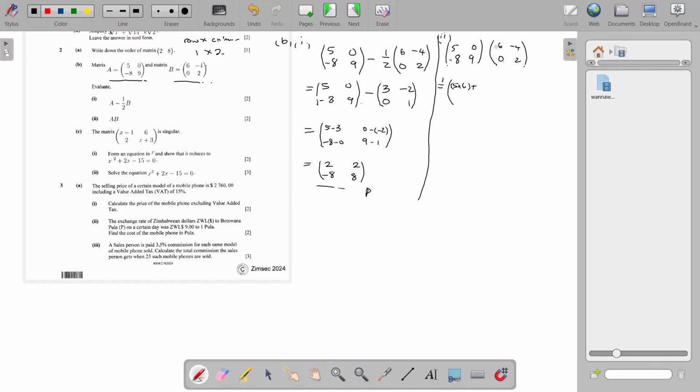The row multiplies the column. Then here, row times this column, 5 times minus 4 plus 0 multiplied by 2.